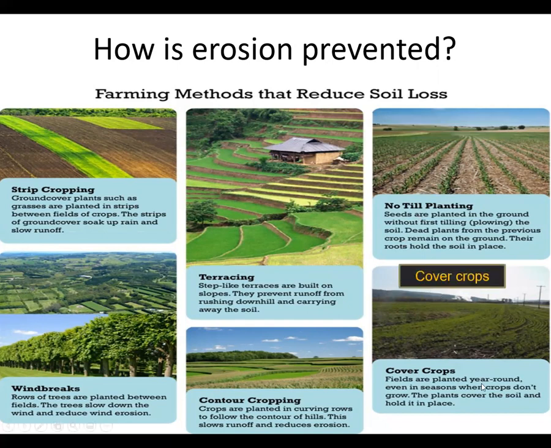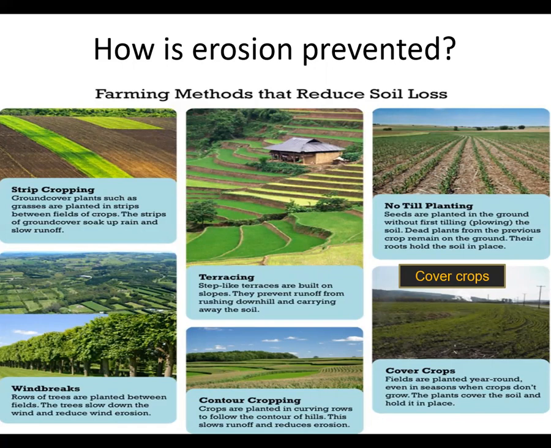Cover crops, like the one that I mentioned earlier, the ground cover plants. Cover crops are maintained in the farm when the farm is not being used so that the soil will be covered and protected against the agents of erosion like the wind and the water.